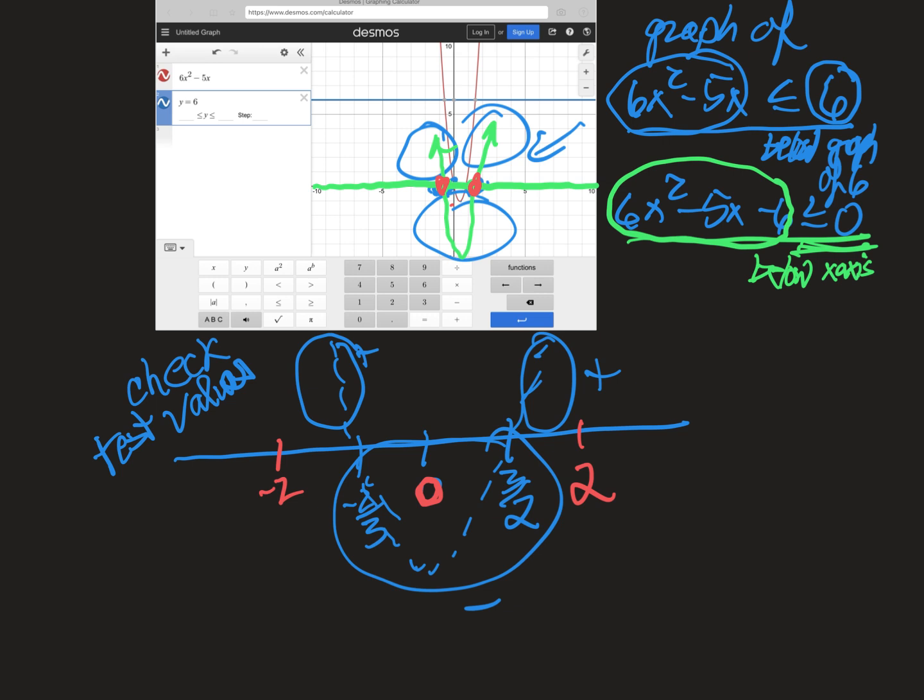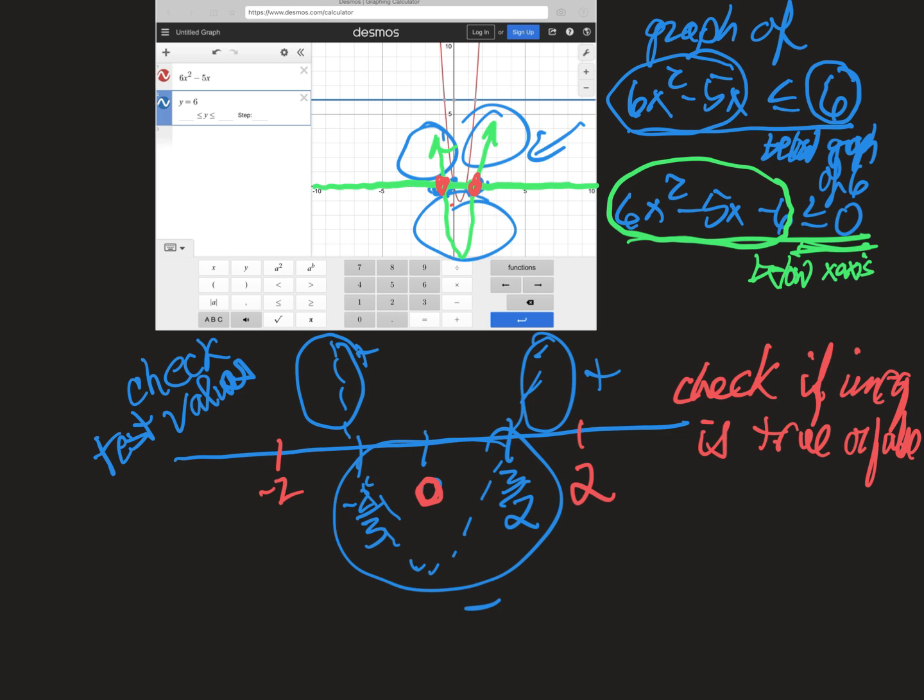So then what you have to do is you have to check if the inequality is true or false. If it's true, that's an answer to your question. If it's false, that's not an answer to your question.